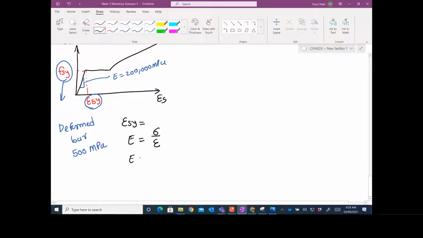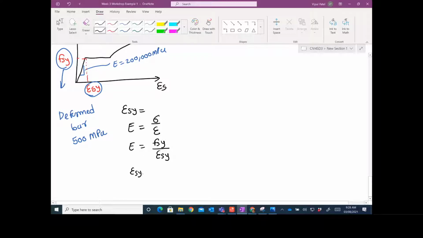So if I substitute, stress is FSY and this is ESY, then ESY would be FSY over ES, and FSY was 500 megapascals and E was 200,000 megapascals. So if I just use my calculators, you will get 0.0025 as the yield strain of the steel, right? 500 divided by 200,000, you get 0.0025.